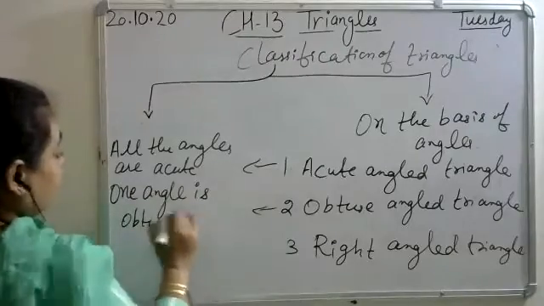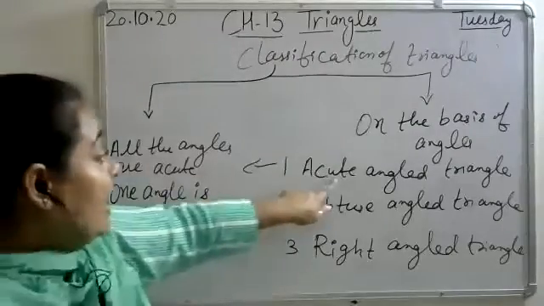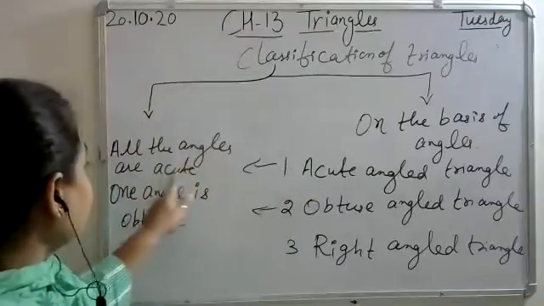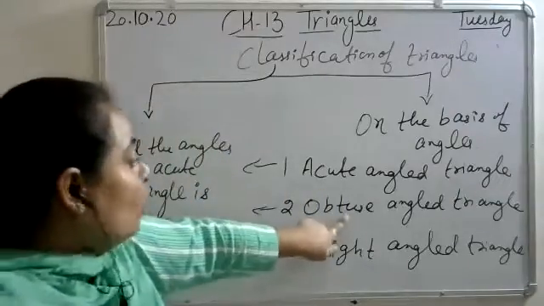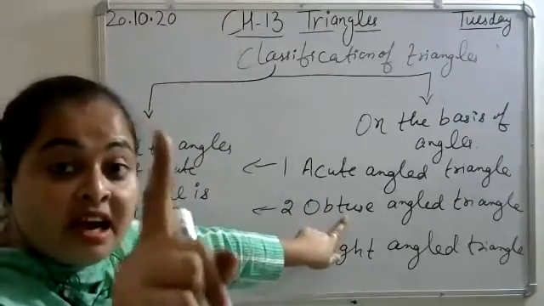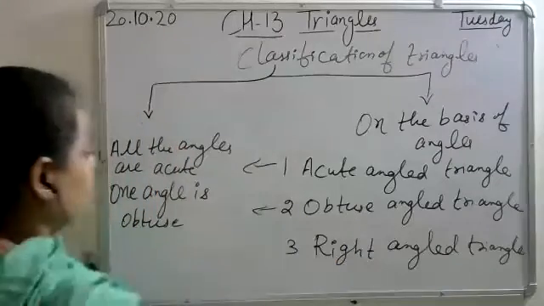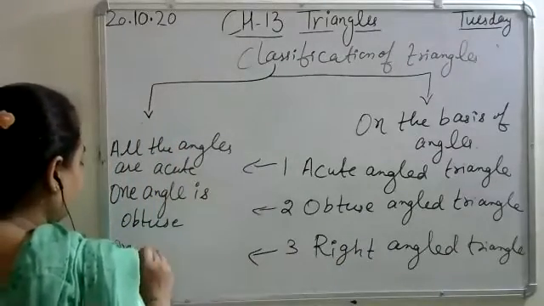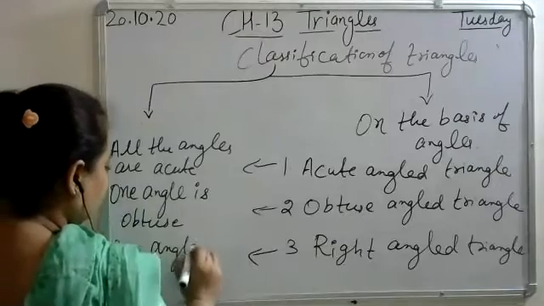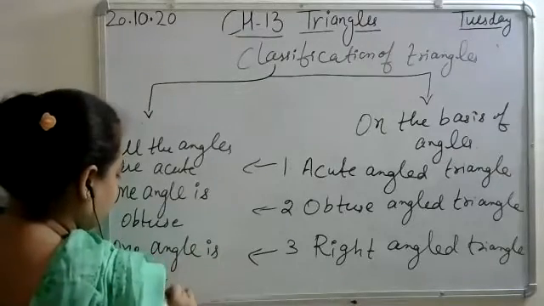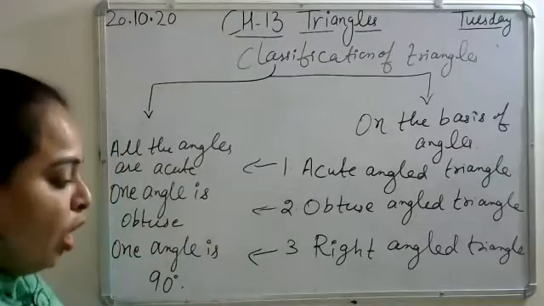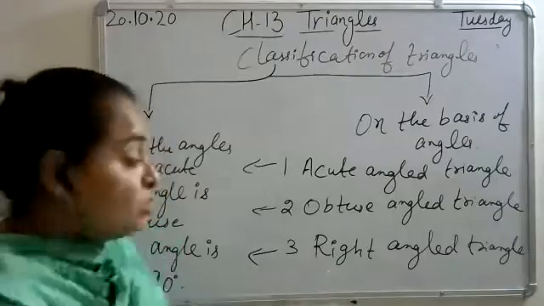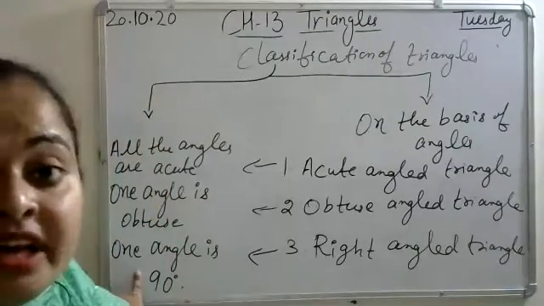Only one angle. In acute, all the three angles are acute. In obtuse, only a single angle is obtuse. And right angled, one angle is 90 degree. Because the meaning of right is 90 degree. So this is very, very important.